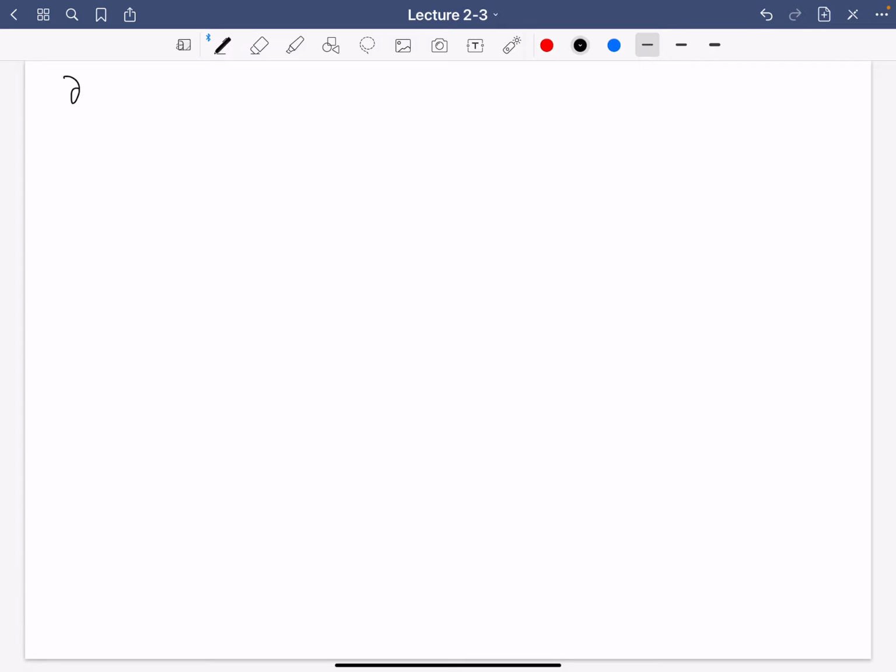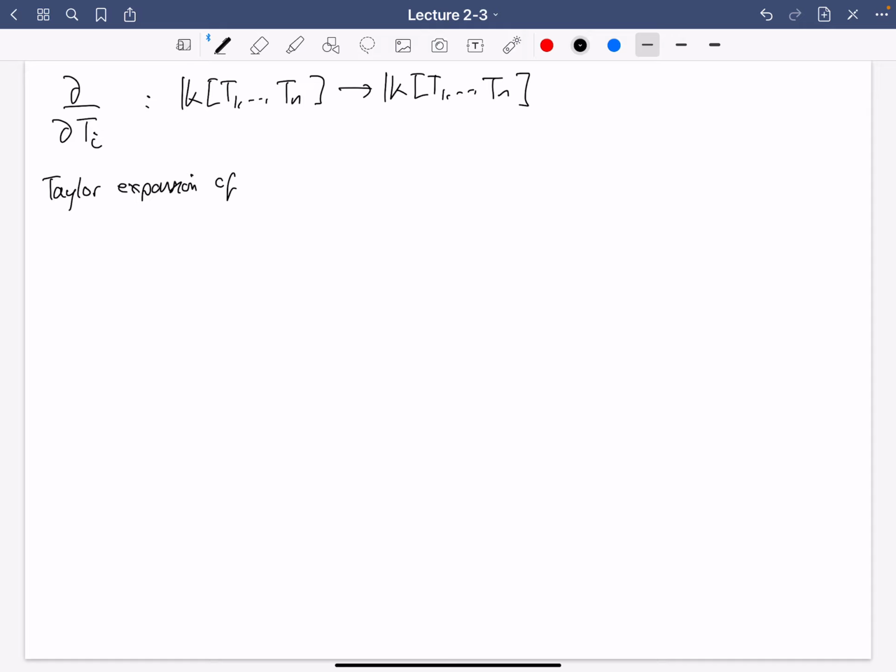To do that, we're going to look at the algebraic linear map, partial differentiation with respect to t_j, but we're just on the polynomial algebra, so this is just a simple algebraic notion. I want to look at the Taylor expansion of the function f_i, a function from k^n to k, at the point x.